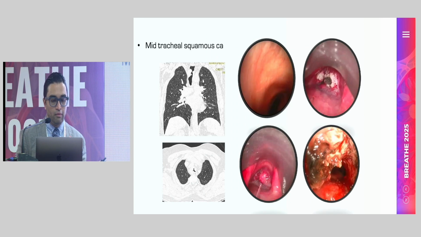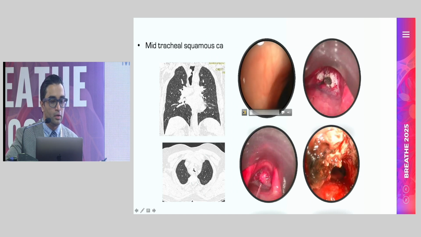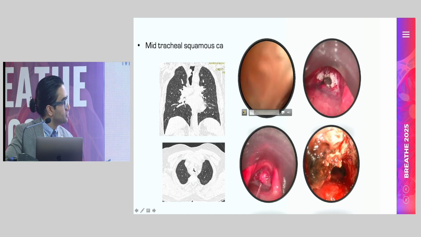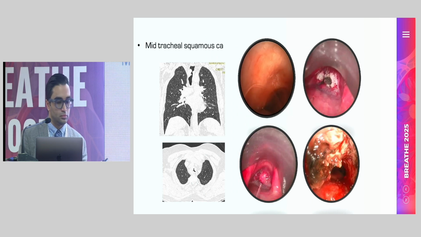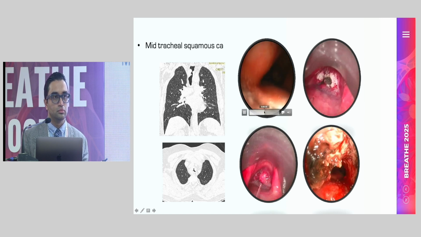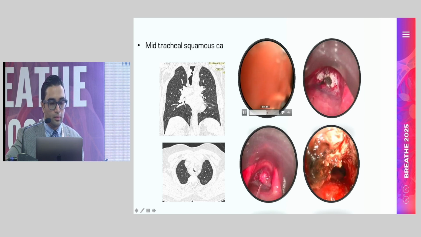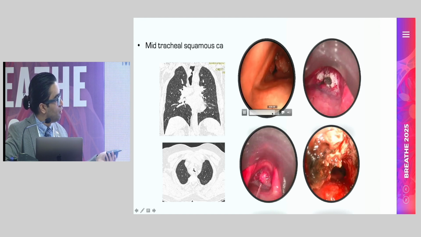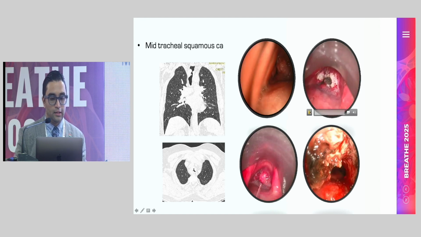We have only one case of laser. This is also from Dr. Balaraju. Here you can see a case of mid-tracheal squamous cell carcinoma. If you can appreciate, there's a tumor over here, and this is how the laser comes into action.